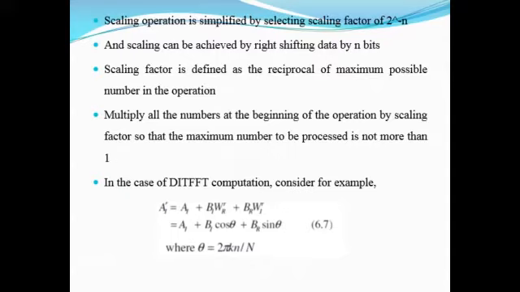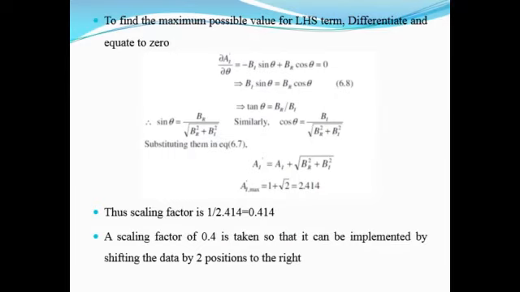The real part is always cos and the imaginary part is always sine. And theta is 2 pi kn by n. So this is the value of theta. Now, if I substitute, the maximum possible value for the LHS term is obtained by differentiating and equating it to 0. Finding the maximum value is nothing but differentiating it and equating it to 0.